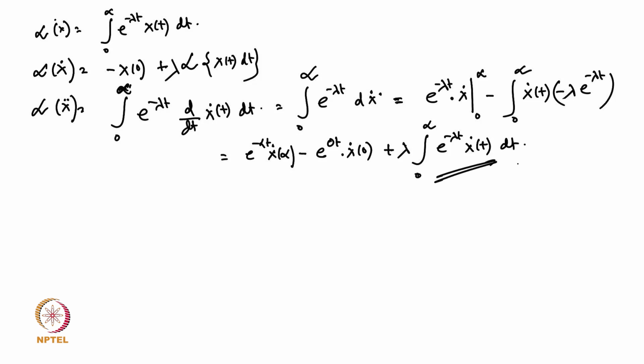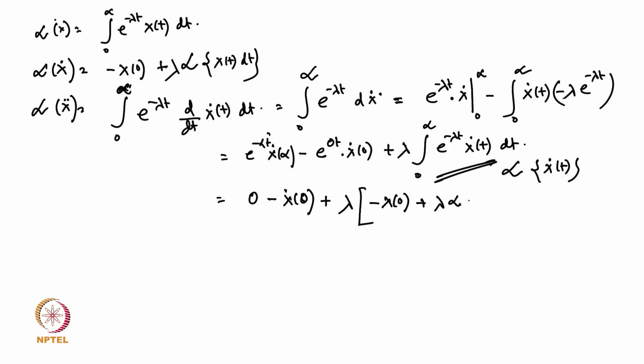This term is nothing but the Laplace of x dot t, and we already know the Laplace of x dot t is this. And e to the power of minus infinity t will be 0, so that term will go to 0. So this portion becomes 0, then it will become x dot 0 plus lambda into, substituting again, x0 plus lambda times the Laplace of x of t.